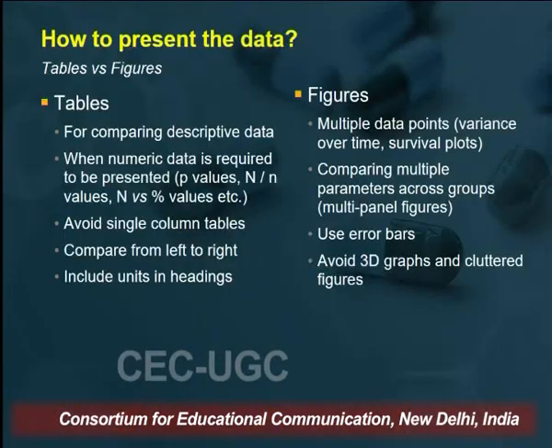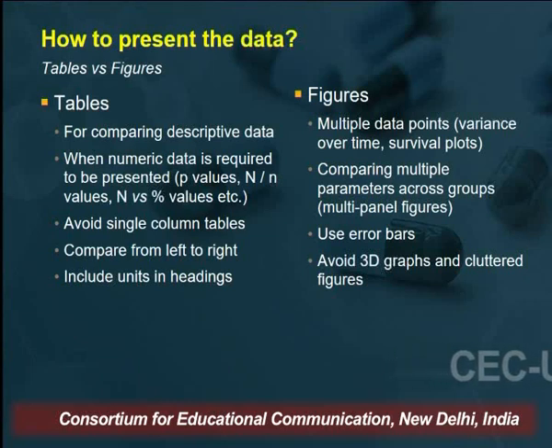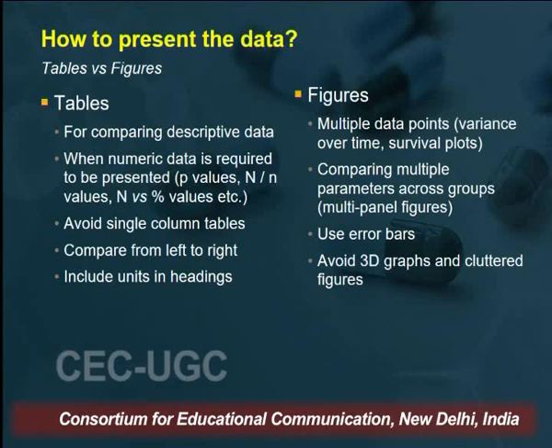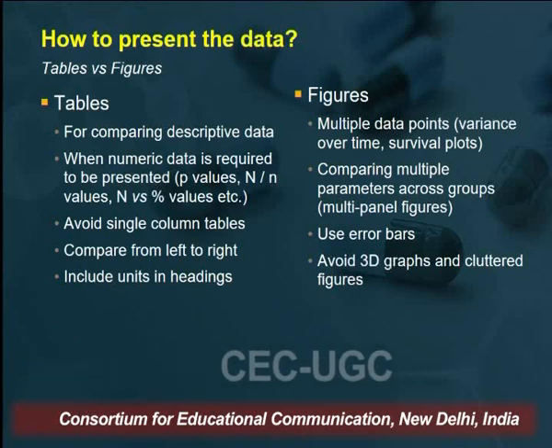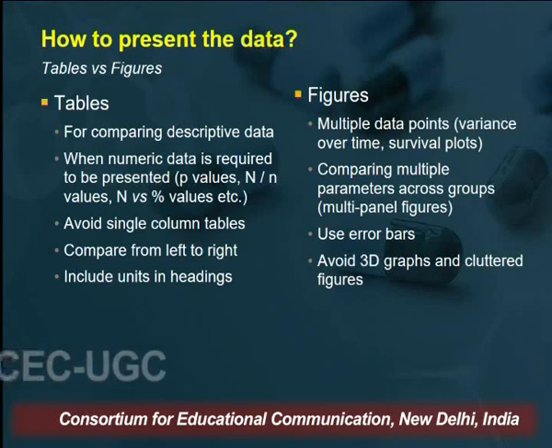And when comparing multiple parameters across groups, multi-panel figures can be very useful compared to tabular data, which makes it very difficult to understand in a table format. Figures with multiple lines can be easily compared at multiple points.